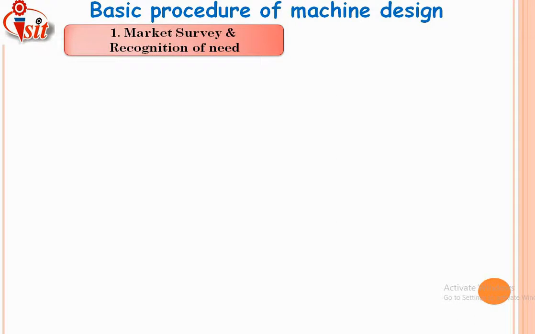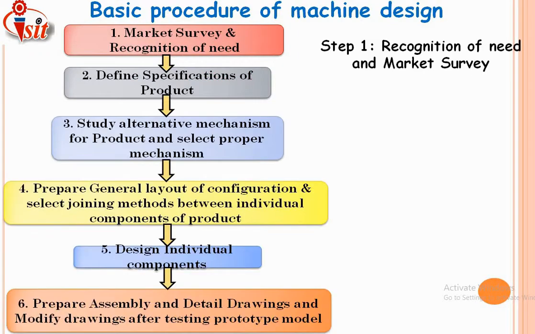What is the problem? Why are we designing that component? What is the need of designing that component? What is the aim or purpose for which the machine is to be designed? We have to first of all understand the purpose of designing any machine component.